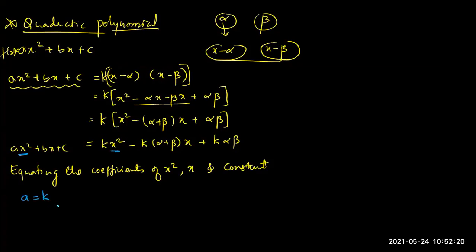Afterwards, for the coefficient of x, b is equal to minus k into bracket alpha plus beta. Then the constant term we need to make equal, so c is equal to k into bracket alpha beta.